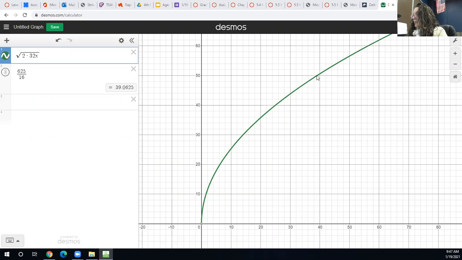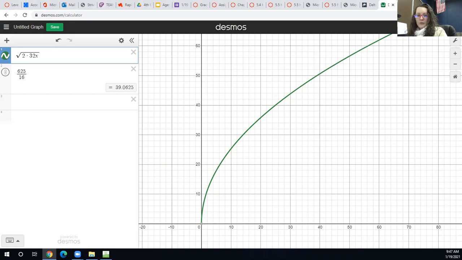So if I look here to check at 50, I can kind of see it there. It's at 39.0, whatever that is. Let's see if I can get it right at 50. 39.0625. There it is, right there. So I know that my algebra is working out. So you can always check yourself using your graph as well.